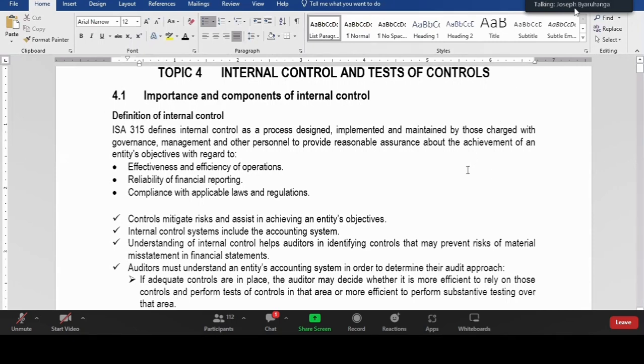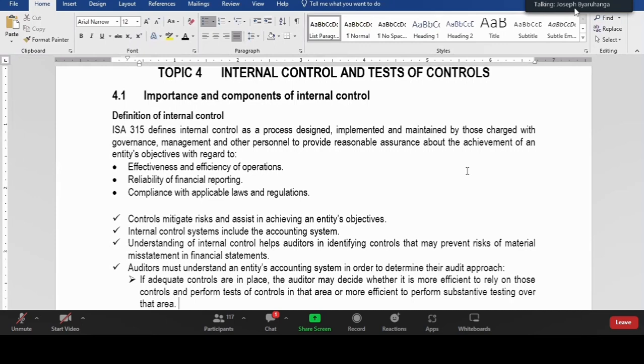So, controls mitigate risks. In other words, why do we talk about controls? I can take a simple example. In the university, students want to cheat in exam. That's a risk. How do we mitigate that risk?